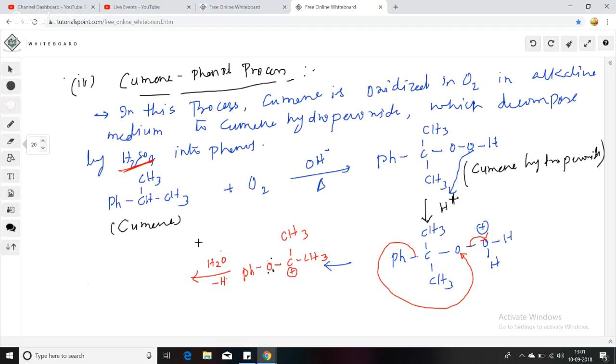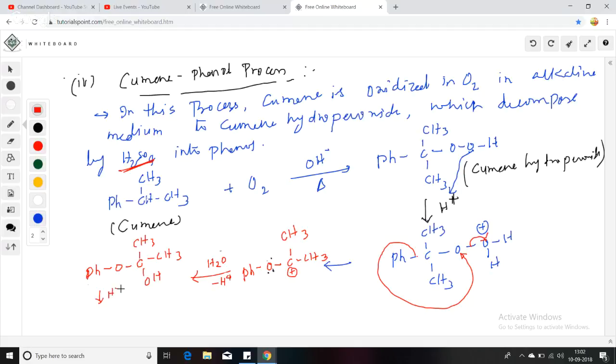This OH minus comes onto this carbon atom. So we'll get PhO C CH3 CH3 and OH here.